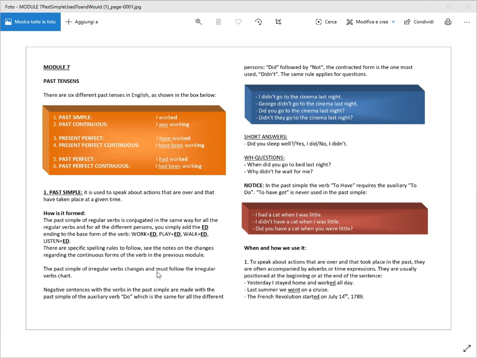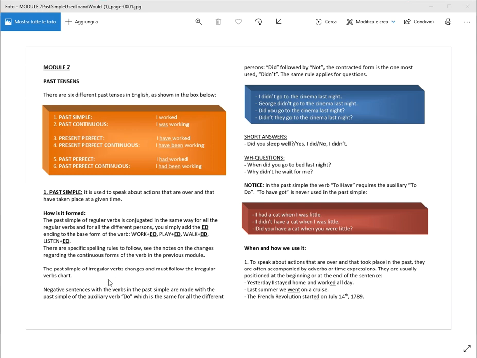For that, you must follow the irregular verbs chart. However, as for the regular verbs, once you choose the past simple of the irregular verbs, it doesn't change from one person to the other. The same happens with negative sentences and with questions.